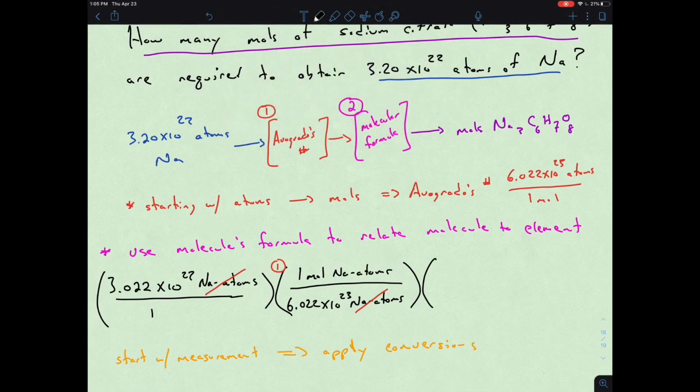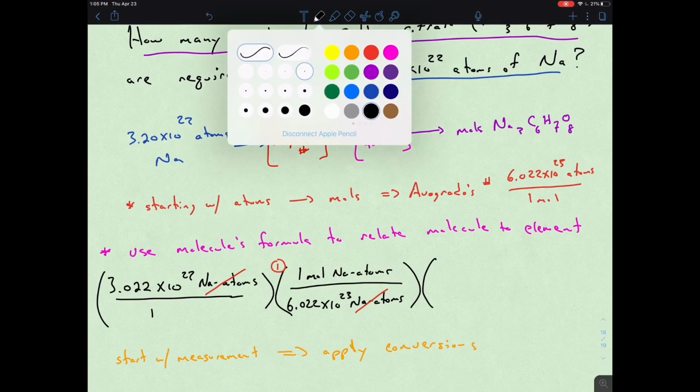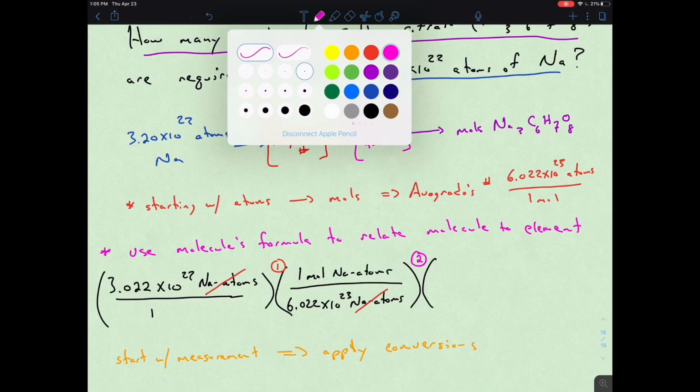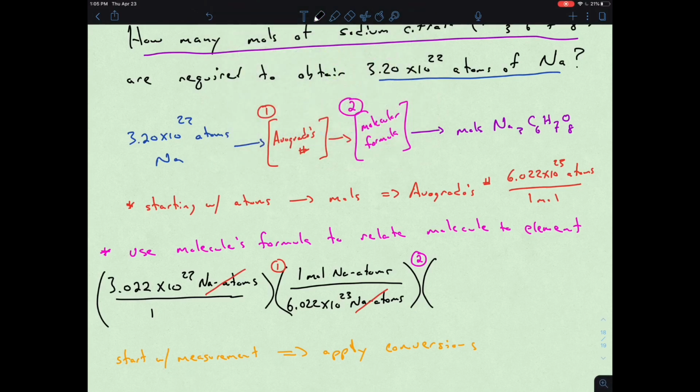And now I can go to the next conversion, step 2, where now I'm actually using the molecule and its actual formula. That for every 1 mole of that sodium citrate, Na3C6H7O8, there's actually 3 moles of sodium.